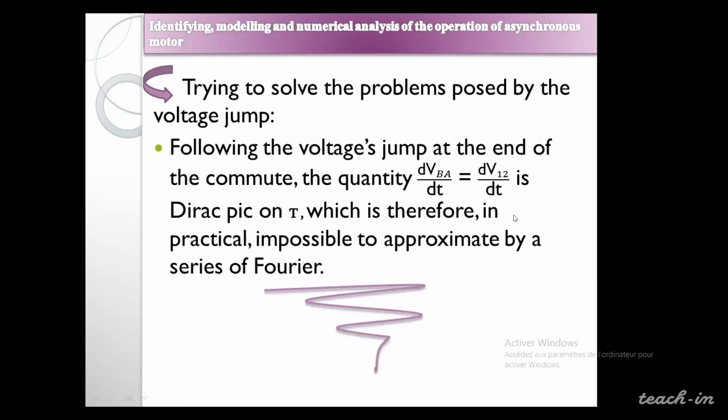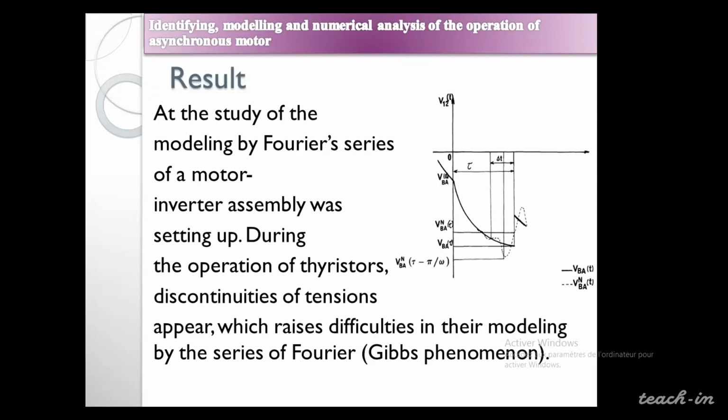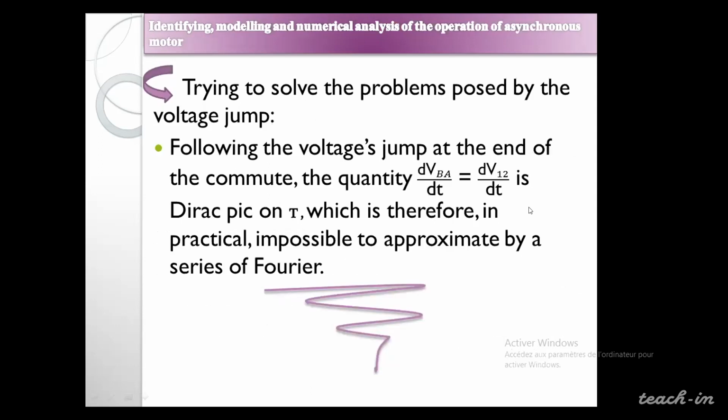Okay, so we are trying to solve these problems posed by the voltage jump. As you see here, we have a jump in the average, which is called the Gibbs phenomenon. In order to avoid this problem, we try to find another method or another solution.